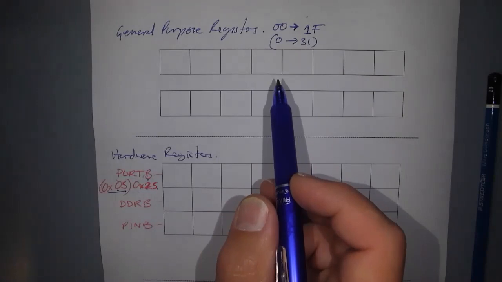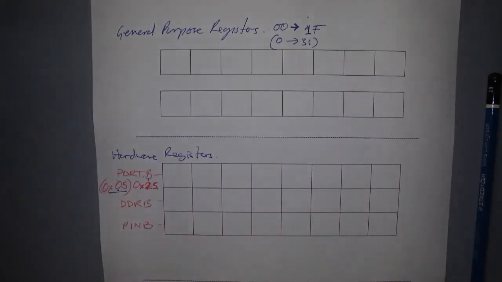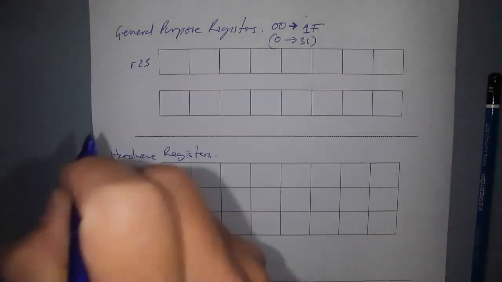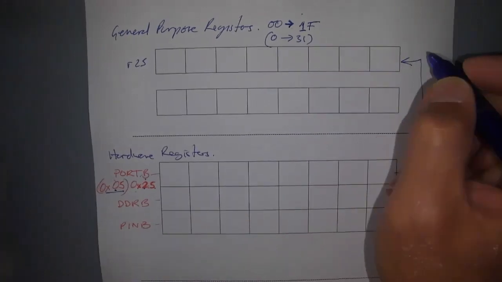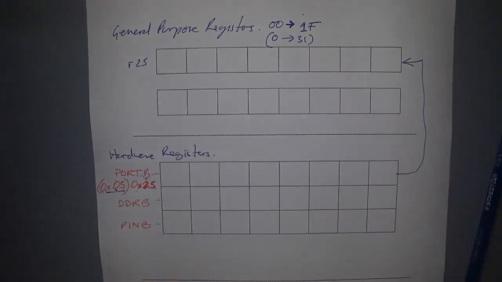And so what's happening over here is we're taking what is in 05. 05 is our port B register, and we're copying it into R25. So R25 is just one of our registers. That takes whatever's in there and copies it in there. And then what we do is we AND it with our number 0xF1, which is of course this number here.